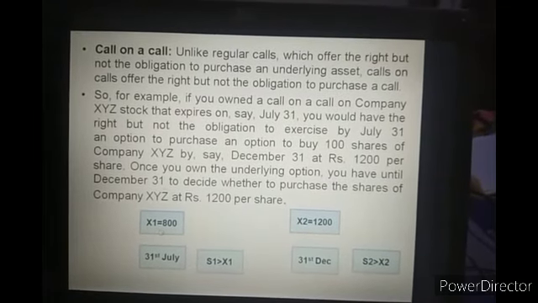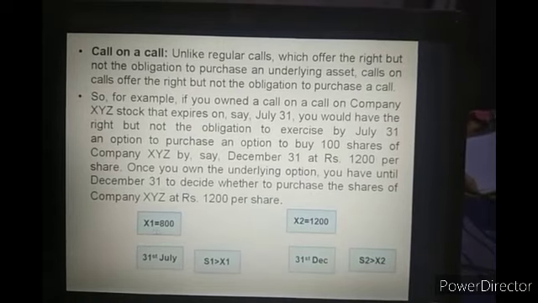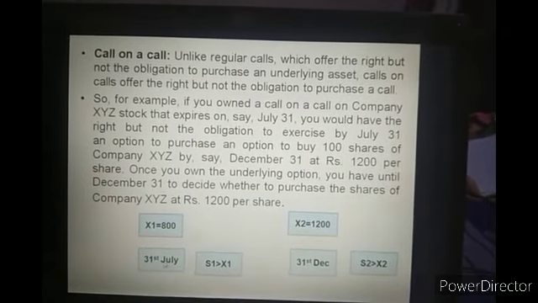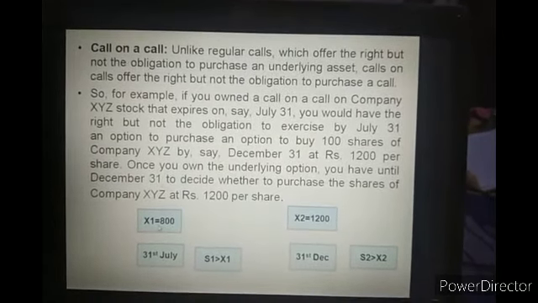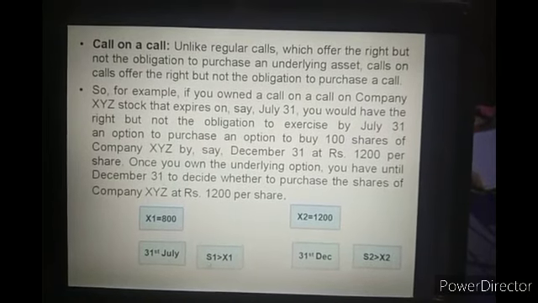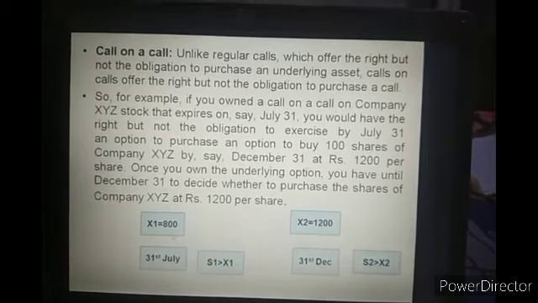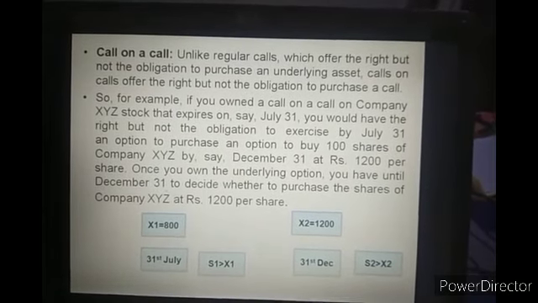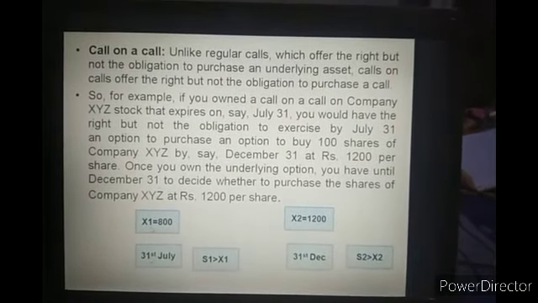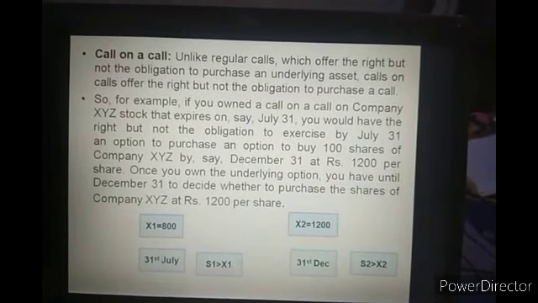Now suppose after 6 months, on 31st July, the price of the underlying asset is 800. It means your spot price is greater than your exercise price. Suppose the price comes to 900 on 31st July. Obviously it is advisable to enter into this contract.